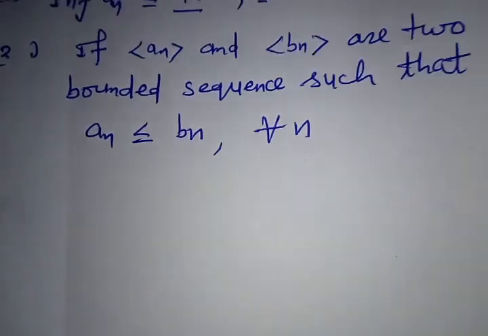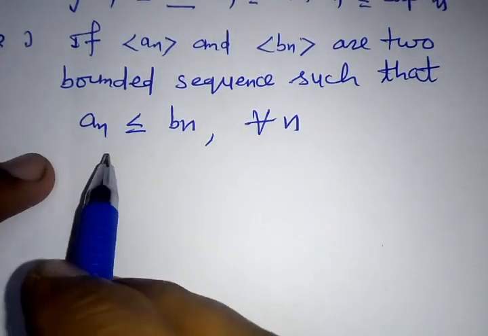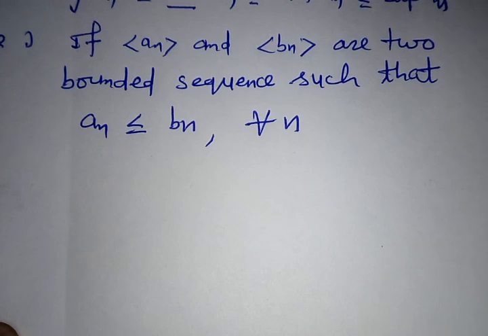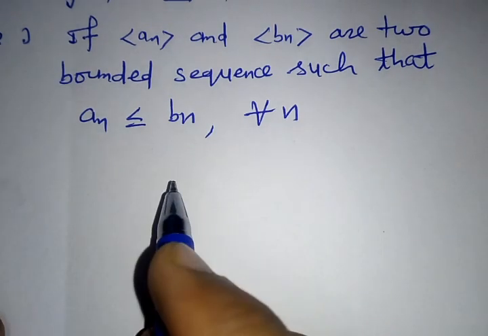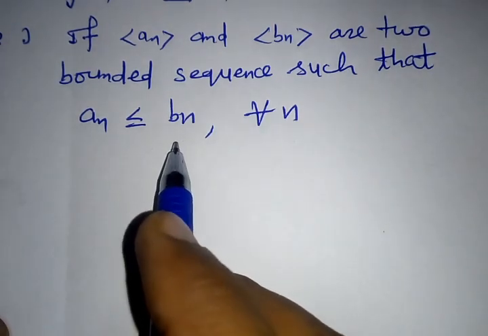Okay, so corresponding terms of sequence an are less than or equal to corresponding terms of sequence bn.